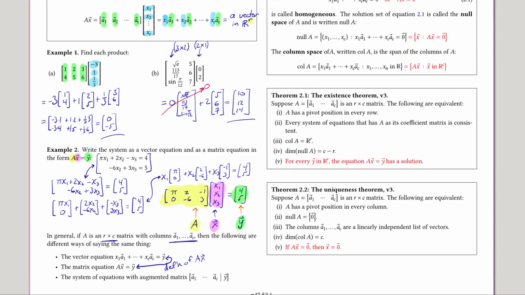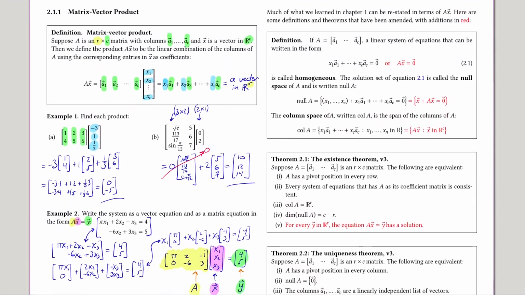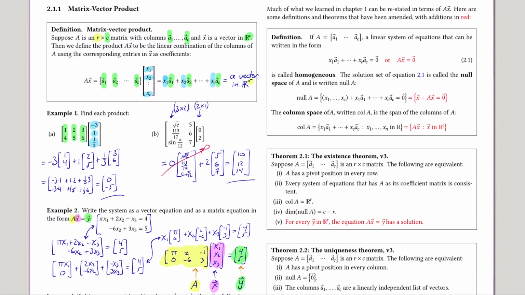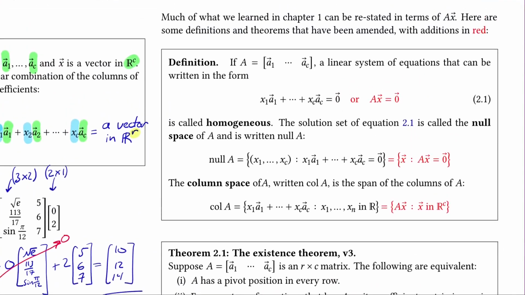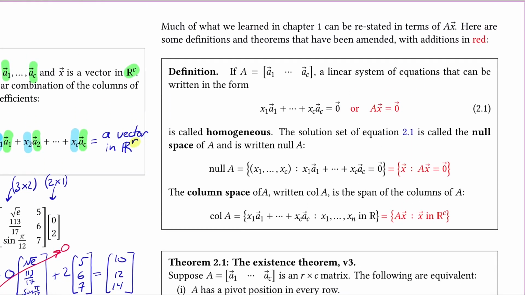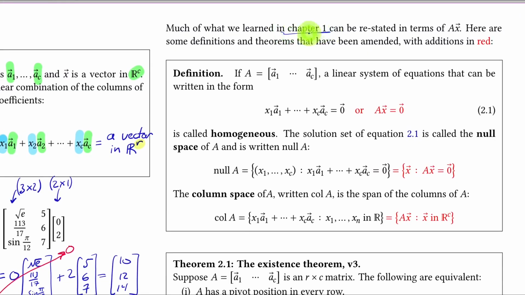So on the right side of this, what we have is kind of just a restatement of the stuff we did in chapter 1, just written in terms of a matrix times a vector. So the stuff that is in red here is just rewriting it that way.